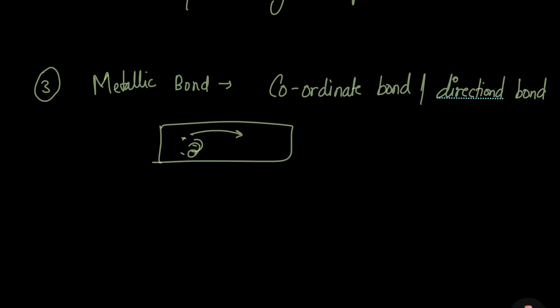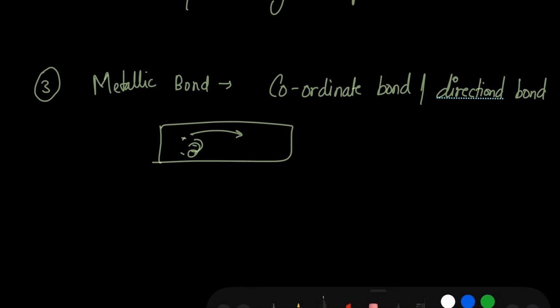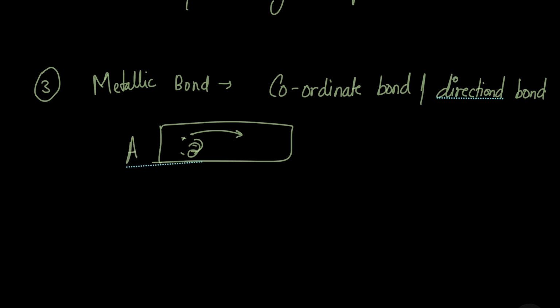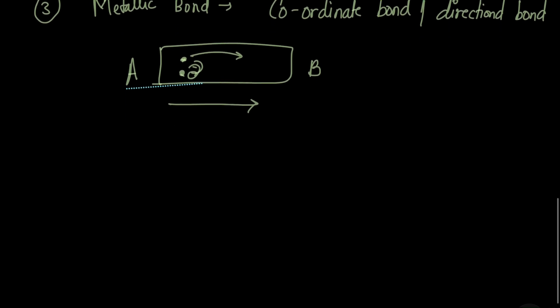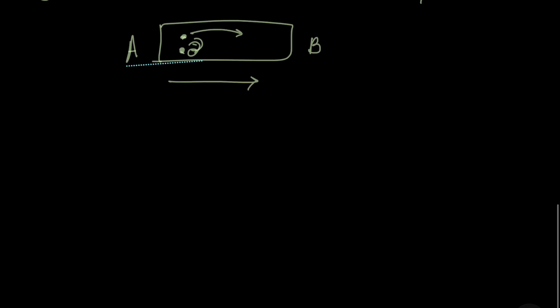Over here I have A atom, then B. A atom contributes the two electrons in the bond, whereas B contributes none. That's why it is what? Directional bond. This type of compounds are usually soluble in water.